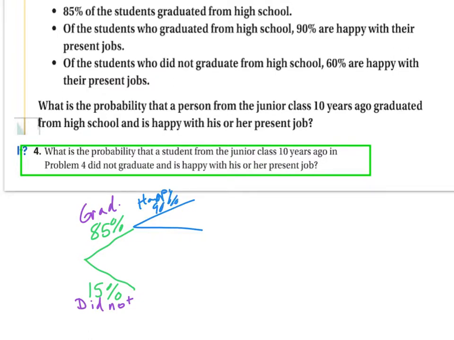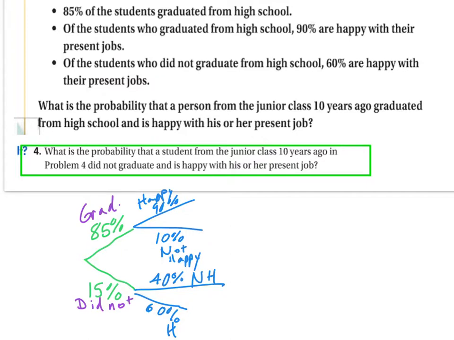And then that would mean that 10% are not happy with their job. And then if they did not graduate, we've got 60% are happy, so I'll put that down here. 60% are happy. I'll just do H for happy. And that would mean then that 40% are not happy. I'll just do NH.